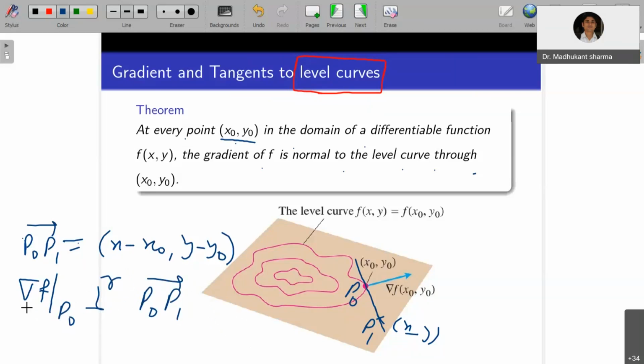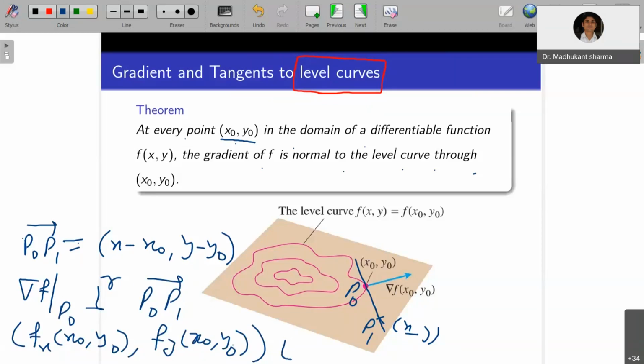Now grad f at p naught is nothing but fx at (x naught, y naught) and another coordinate fy at (x naught, y naught), and it is orthogonal to this vector (x minus x naught, y minus y naught). So their dot product will be 0.